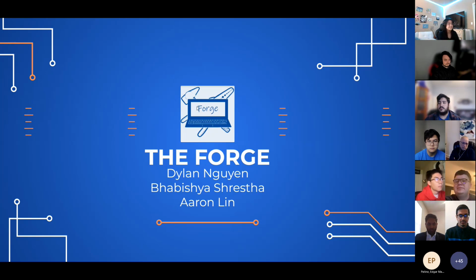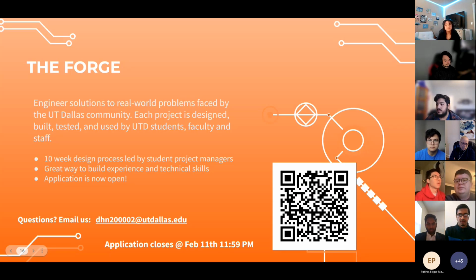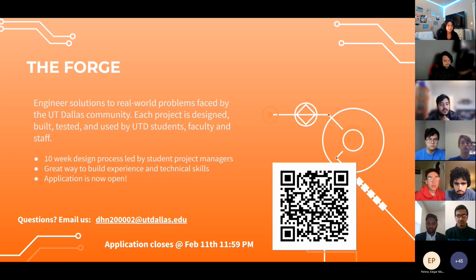All right, now we have Forge with Dylan. Okay. Hey, my name's Dylan, and I am the director of Forge, and along with me will be Babashay. I don't know if he's here right now, but he's the assistant director. And we also have Aaron Lynn, who is the assistant director for the business aspect of Forge.